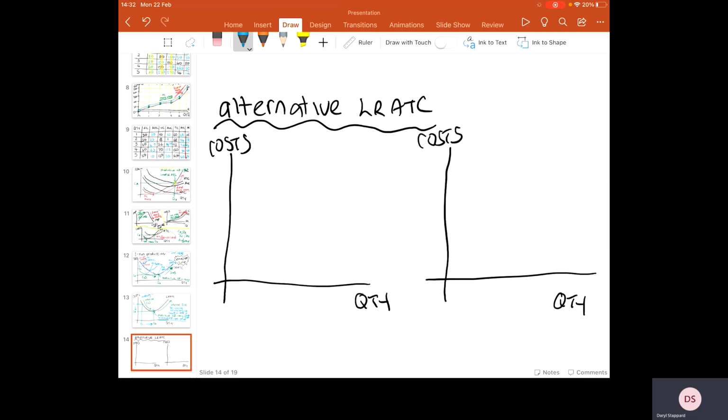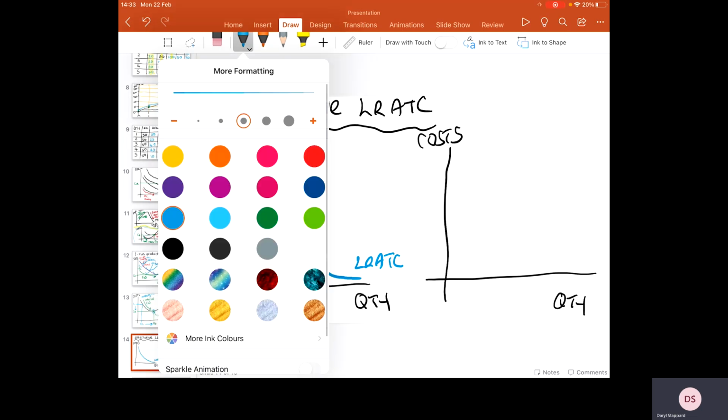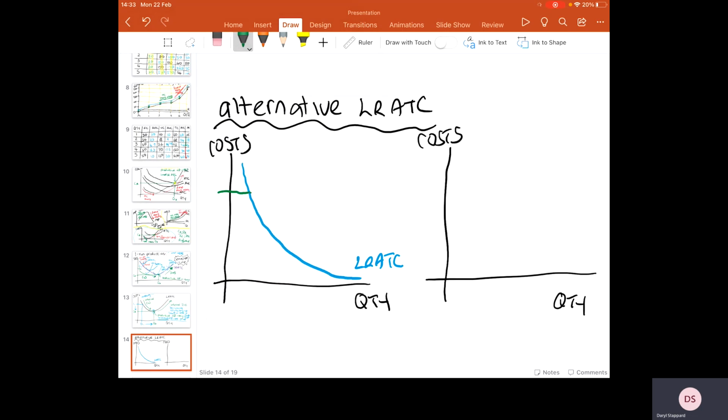Now, we can show this in different ways. Some businesses, as they scale up production, will have a long-run average total cost curve like this. When you look at this firm here, it is not suffering from any diseconomies of scale. So as they scale up production from Q1 to Q2, they've got these wonderful internal economies of scale, so reductions in long-run average total cost.